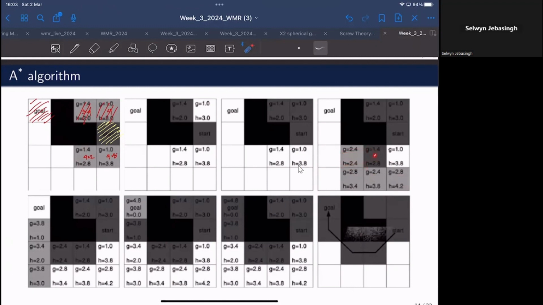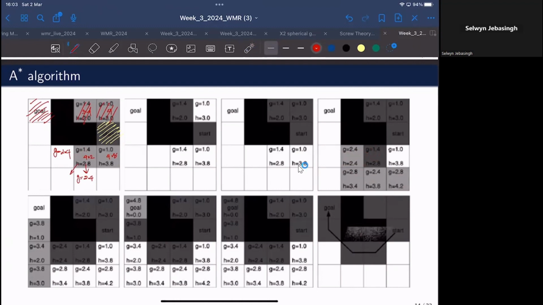Since g is already 1.4, if you move 1 unit to your right, g would be 2.4. And again, if you move to here, g is 2.4. Again, you are moving 1 unit downward. And if you're moving diagonally, that will be plus 1.4.